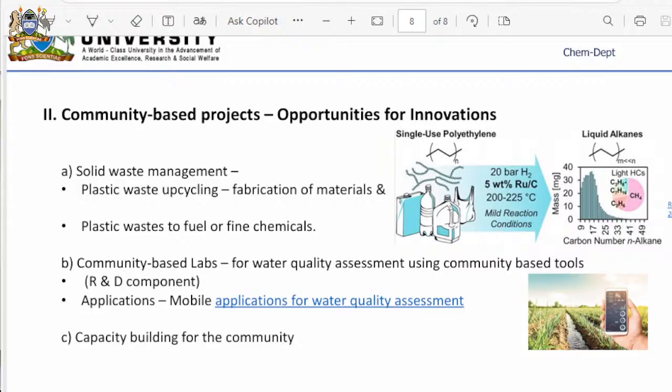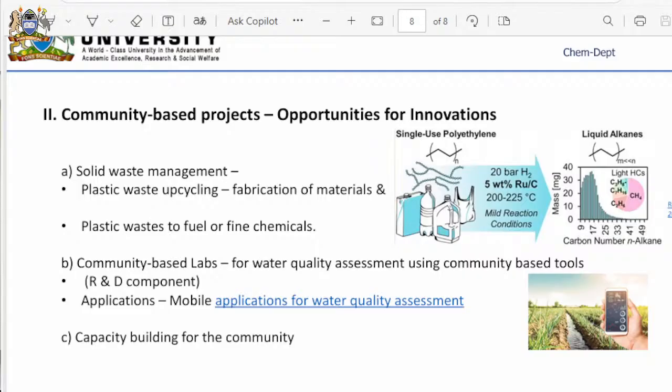By partnering with some of the community-based organizations, I have come to learn that they are even advancing more than what we have as a university, because they already have some of these key instruments for their labs. So they have mapped the groundwater for the community, and they can always test the water for them.